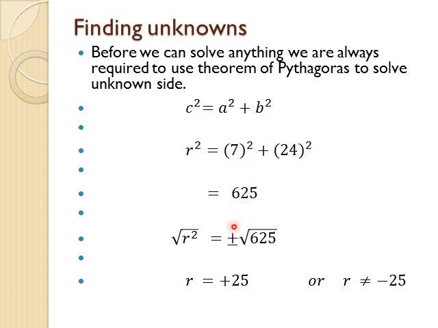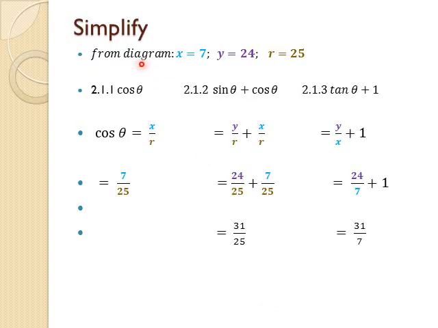That gives me 625, and the square root of 625 equals 25. Whenever we find the square root, it's plus minus. In this case, r is positive 25 and not negative 25. So r in itself, the hypotenuse, opposite a 90 degree, can never be negative. Alright, so from the diagram, we now have x equals 7, y equals 24, and r equals 25.